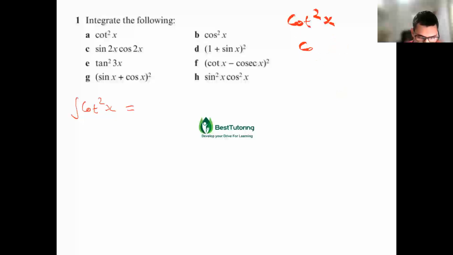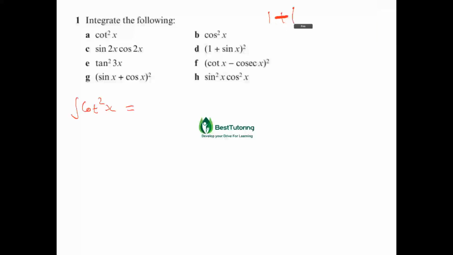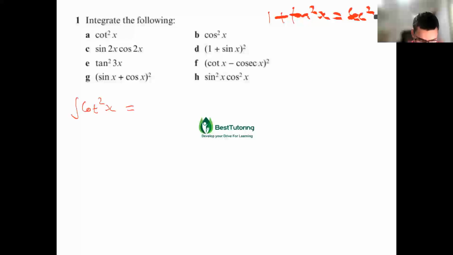Remember how we did tan square x, we are going to use a similar thing here. Sonali, any idea which formula we can use? The sec x one. Yes, we got 1 plus tan square x equal to sec square x. What is the other formula, Sonali? Do you know how to find it? We know sine square x plus cos square x equal to 1.